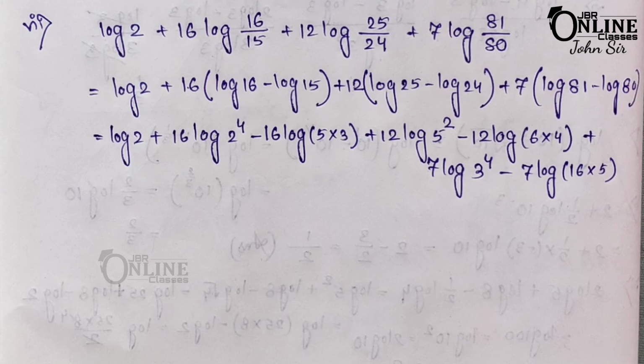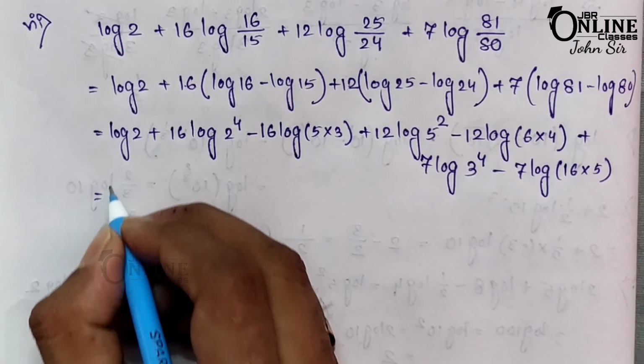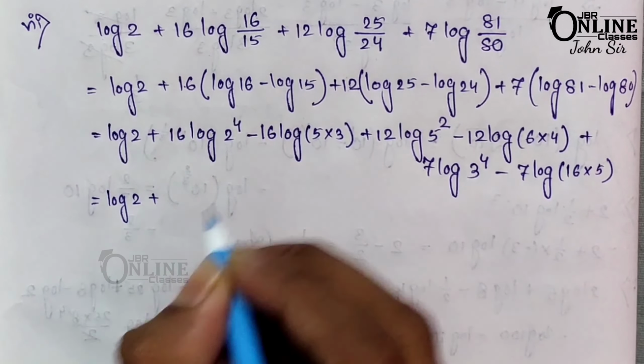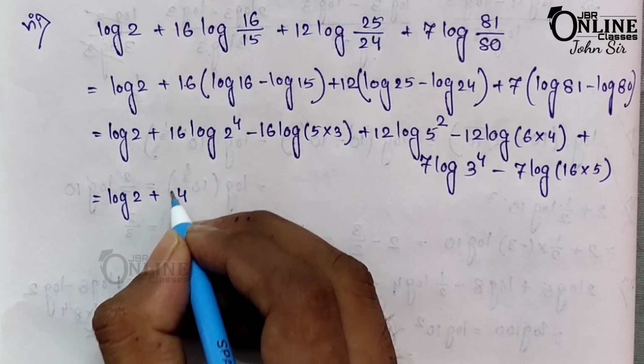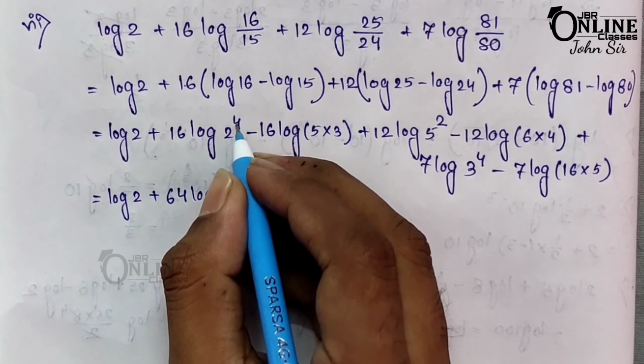Log 80 means 16 into 5. Clear? Now here log 2 plus, now 4 multiplied with 16 will be 64, so 64 log 2.